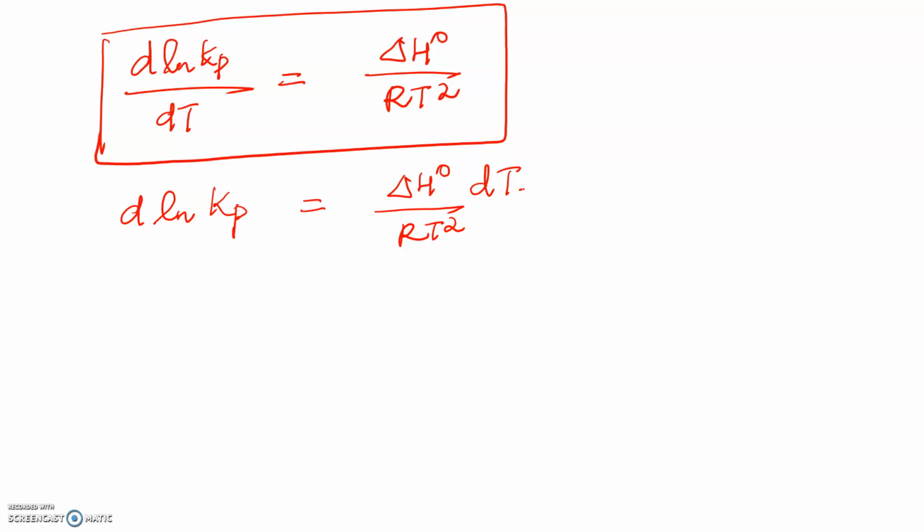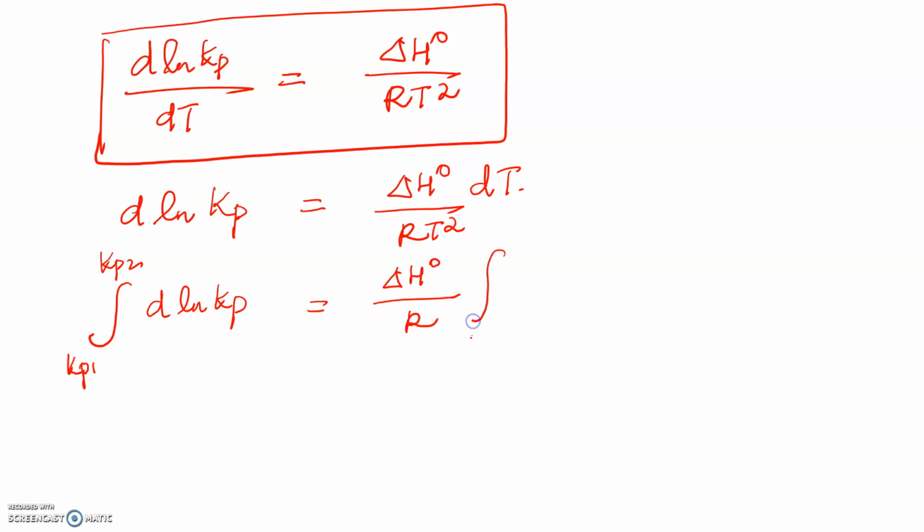So if we integrate this between limits 1 and 2, we can write the integration between Kp1 and Kp2 of d ln Kp is equal to delta H0 by R, as delta H0 and R are constants, times the integral from T1 to T2 of dT by T squared.